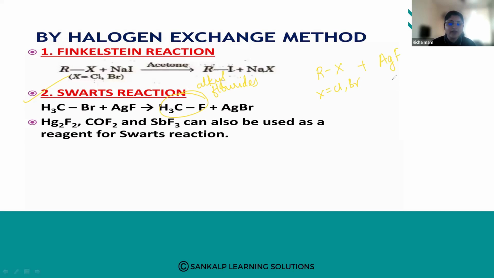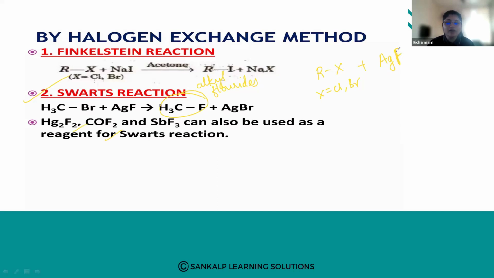There are different metallic fluorides you can take, like Hg2F2, cobalt fluoride, mercurous fluoride, and tin fluoride. These are the different reagents used as metallic fluorides, where metals are associated with the fluoride.